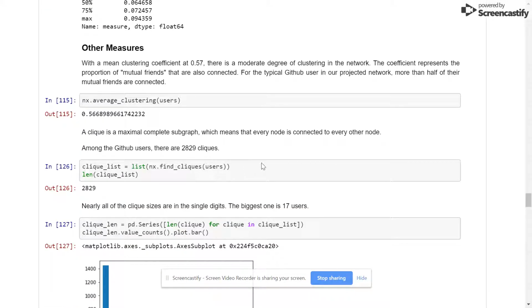And taking a look at some of the other measures, this has a relatively decently high clustering coefficient at 0.57. This represents the proportion of mutual friends that are also connected. So for the typical GitHub user in our projected network, more than half of the mutual friends are connected.